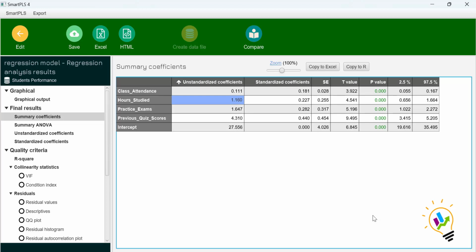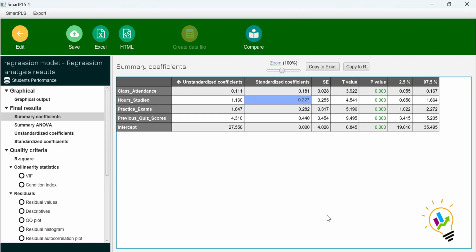The standardized coefficient is 0.227, which means the change in the final exam score is 22.7% of the standard deviation of hours studied. The p-value in this case is also 0.000, which means the relationship is significant at the 0.05 level. This suggests that hours studied is only moderately predicting the final exam score.